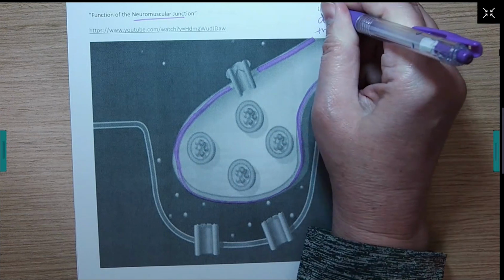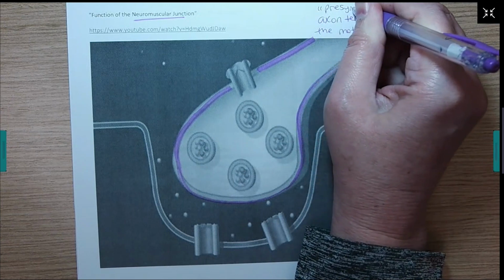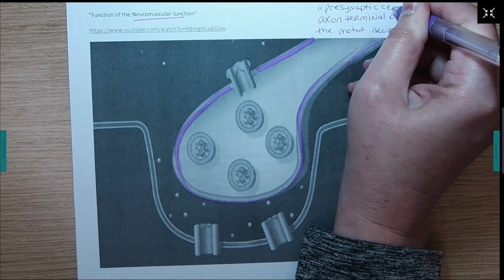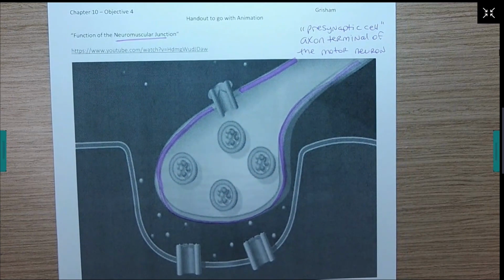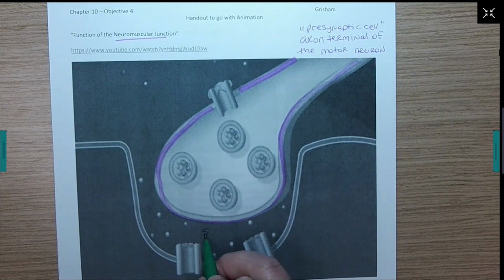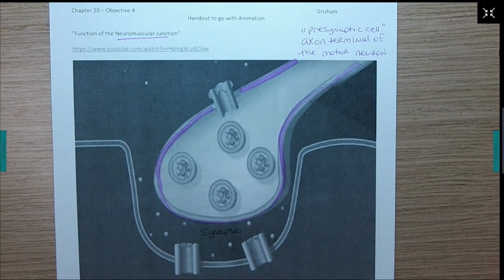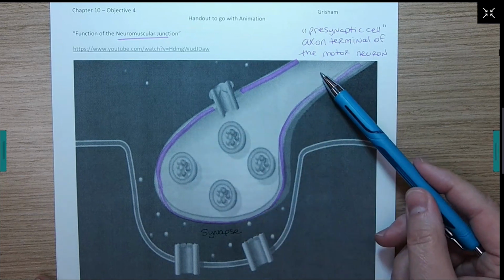And remember, we call that the pre-synaptic cell because it comes before the synapse. So this area right in here is the synapse. So that's the presynaptic cell.